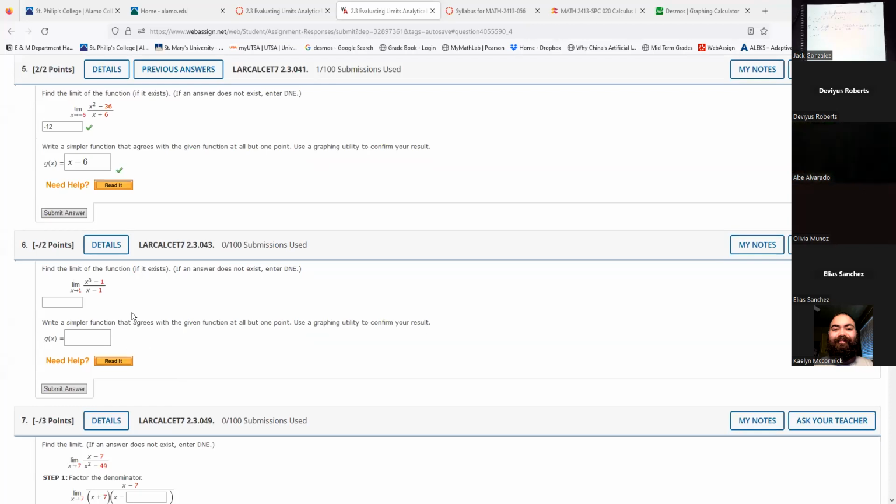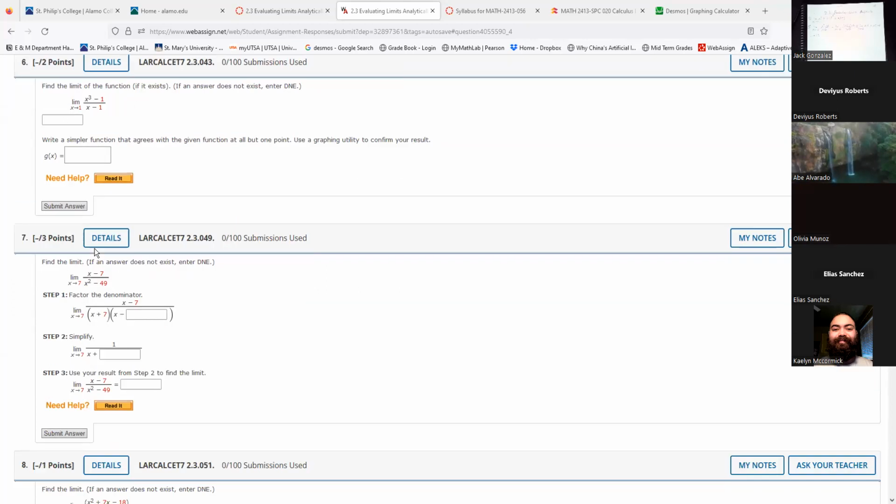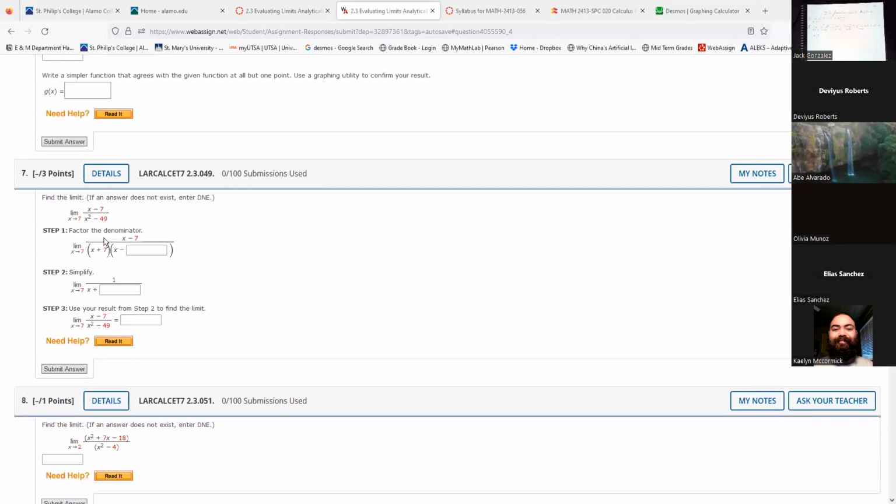So number 6 would be the same deal. Factor the top using the difference of cubes formula. This will cancel, and then you plug in 1. Number 7 wants you to show every single step. Show the factorization. The bottom is a difference of squares, right? So this would be x minus 7, x plus 7.